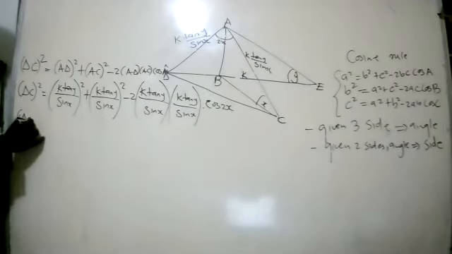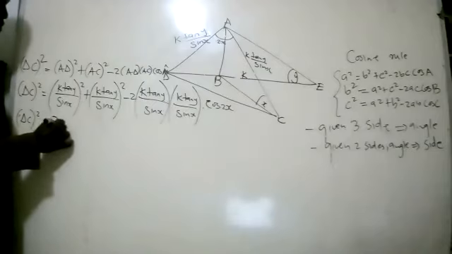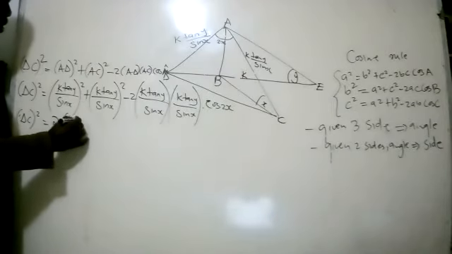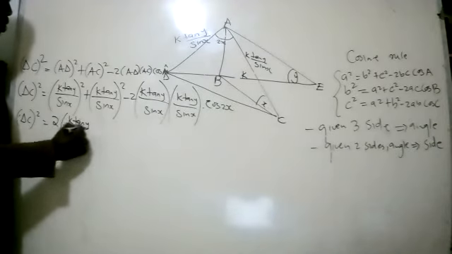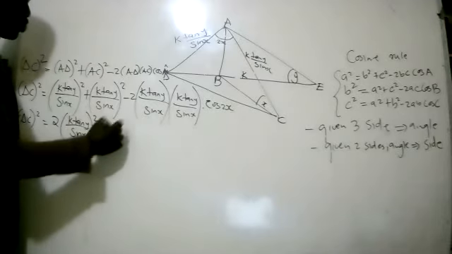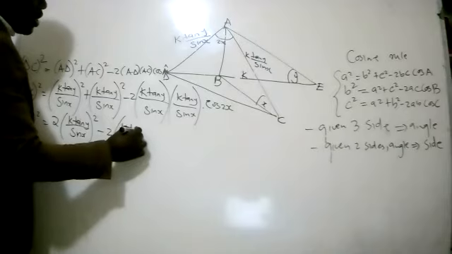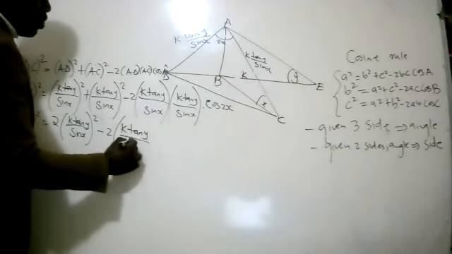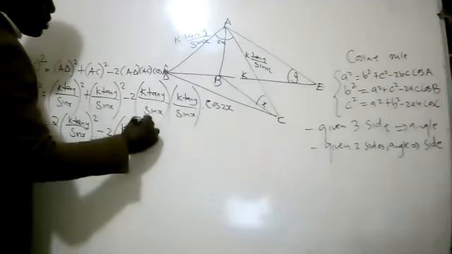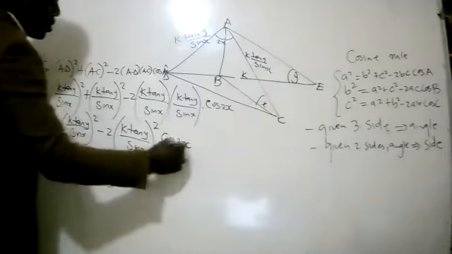We have DC squared equal to, when we add these two, 2 into K tan Y all divided by sine of X squared, minus 2. These are the same. When we multiply them together, they give us K tan Y all divided by sine of X with a square, and cos of X.